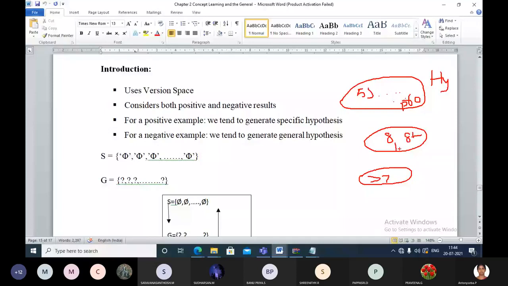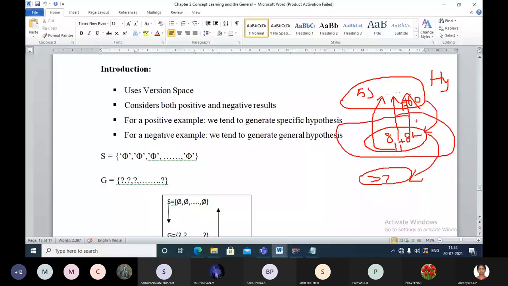Whatever is available in the version space should also lie in the hypothesis space. Again, it is like a subset only. We take a subset from here, then another subset from there, and this intermediate subset is said to be the version space.